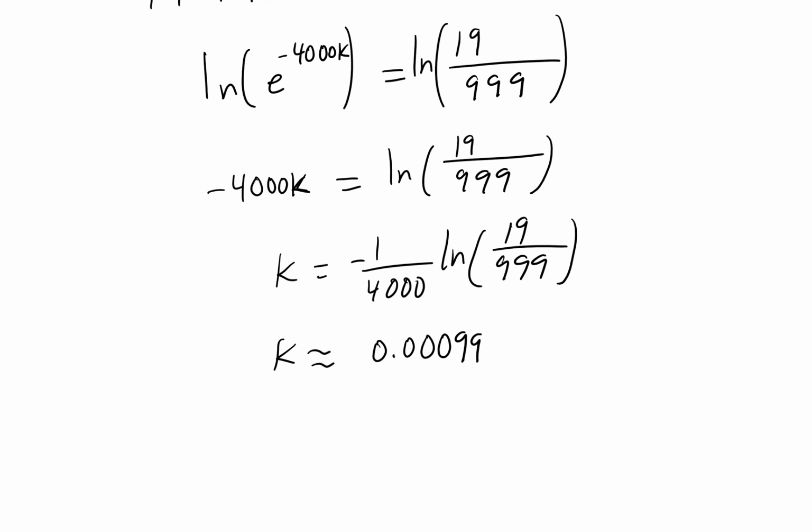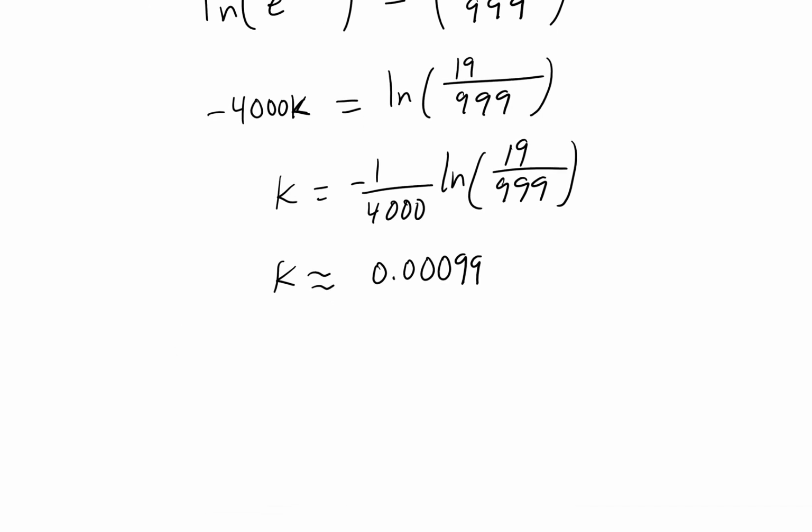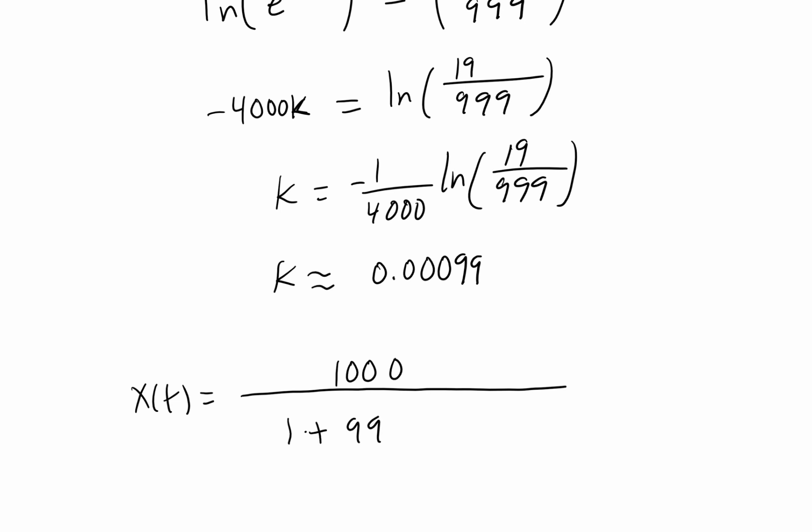Sorry about that. So now after we found the value of k, we are going to put it back into the equation x of t, 1000 over 1 plus 999 e negative 1000k t.